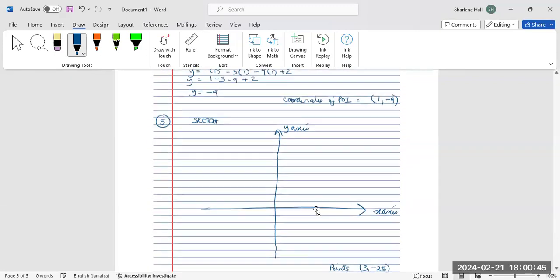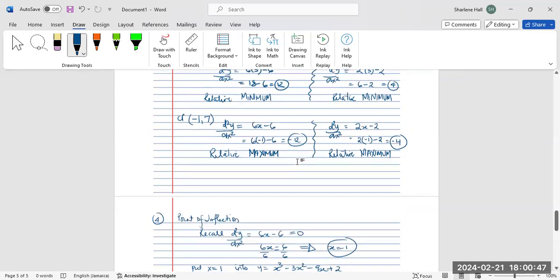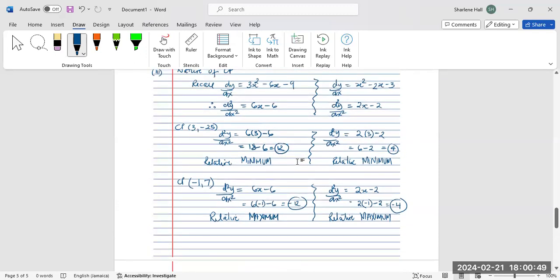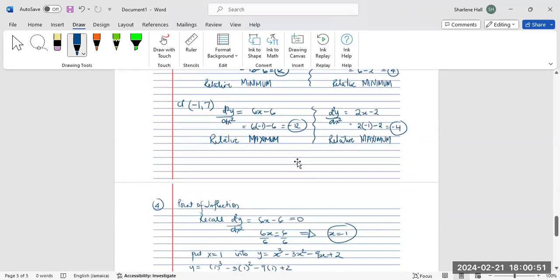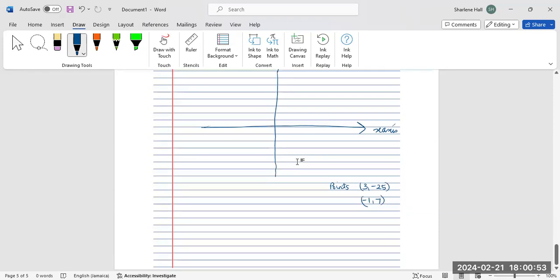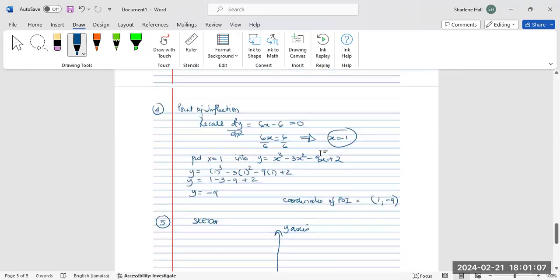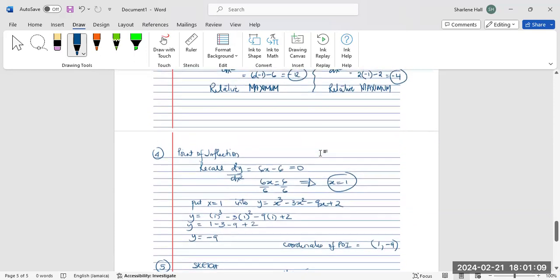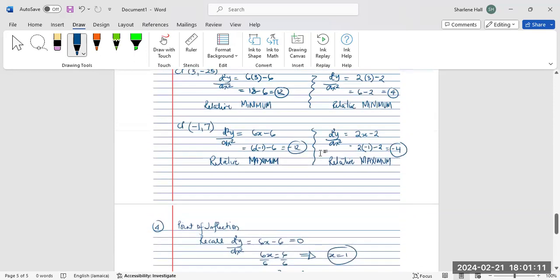The 3, negative 25 is a minimum, and the negative 1, 7 is a maximum. I know that because the minimum can turn up and the maximum is going to turn down.